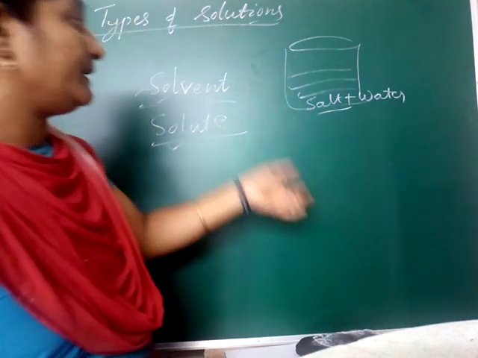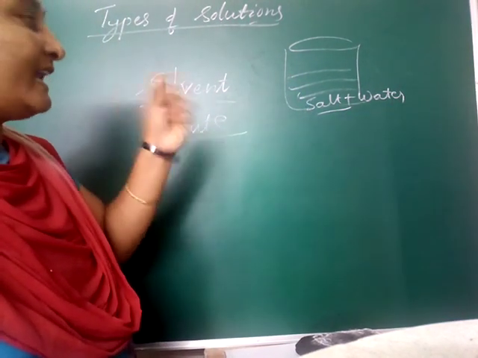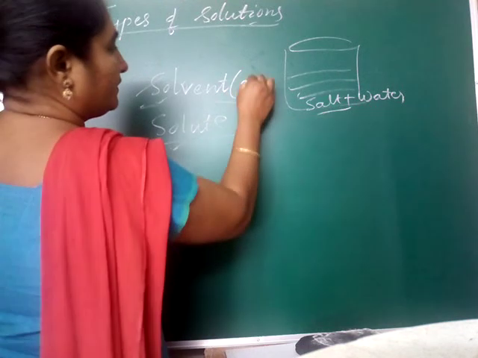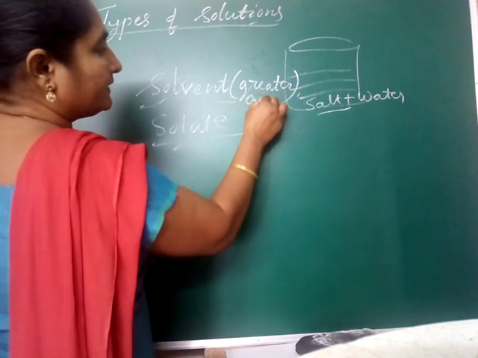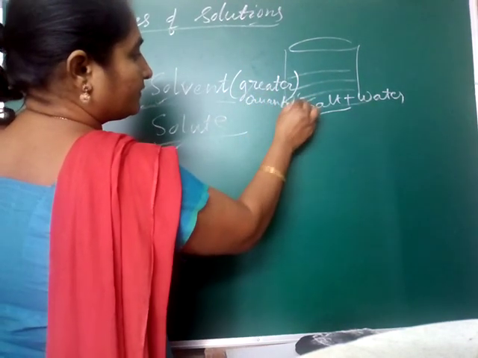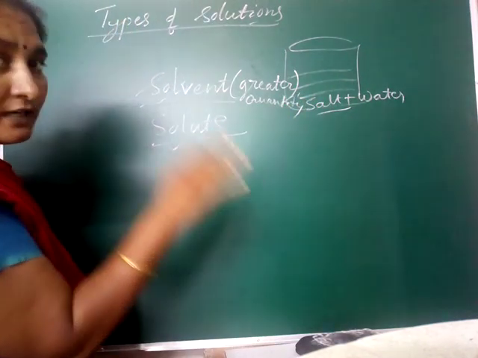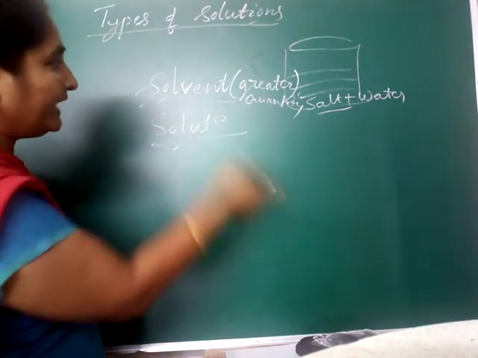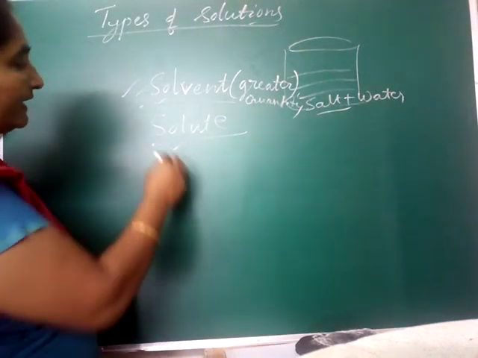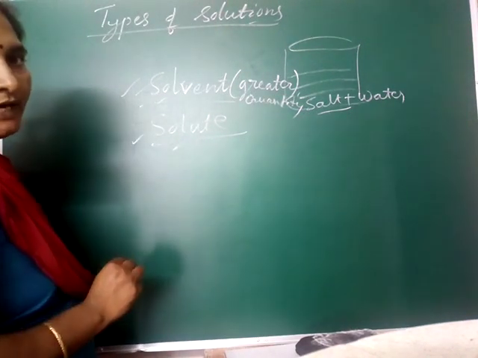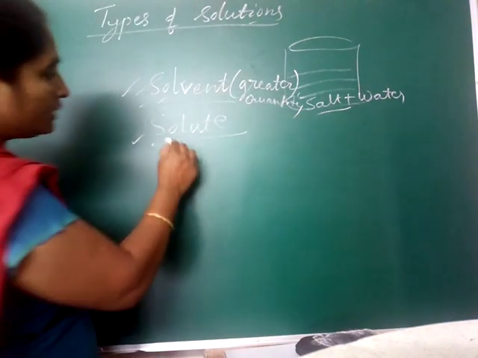Here you see the greater quantity component. The greater quantity component is generally called the solvent, and the lesser quantity component in the mixture is called the solute.